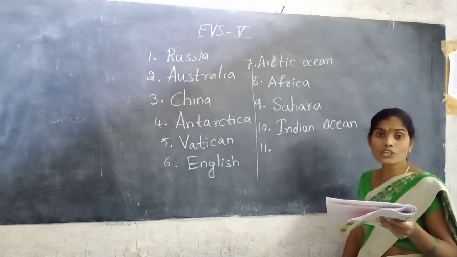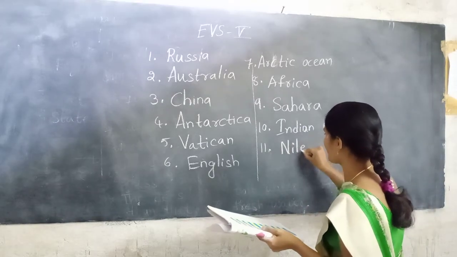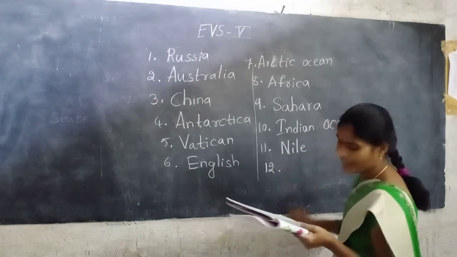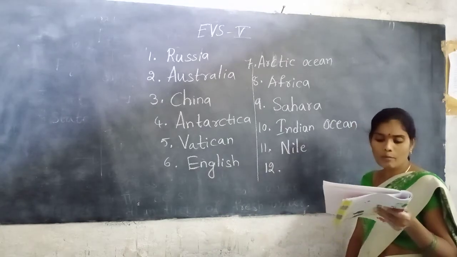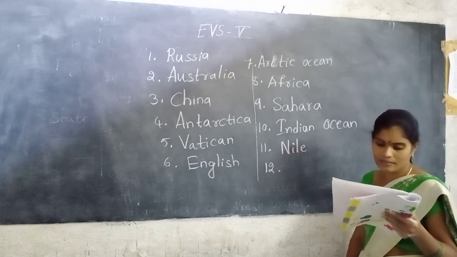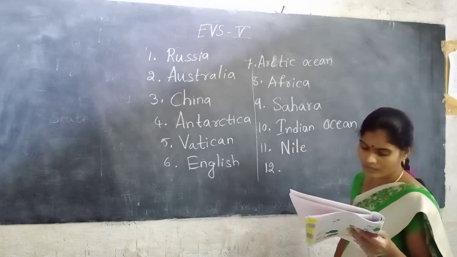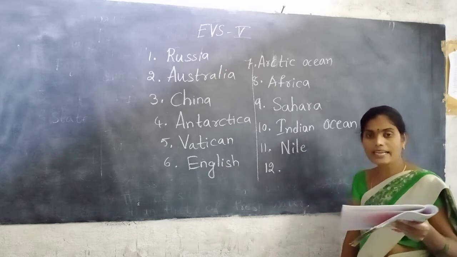The longest river, Nile River. Longest river is Nile River. The most widely spoken language in India is Hindi.